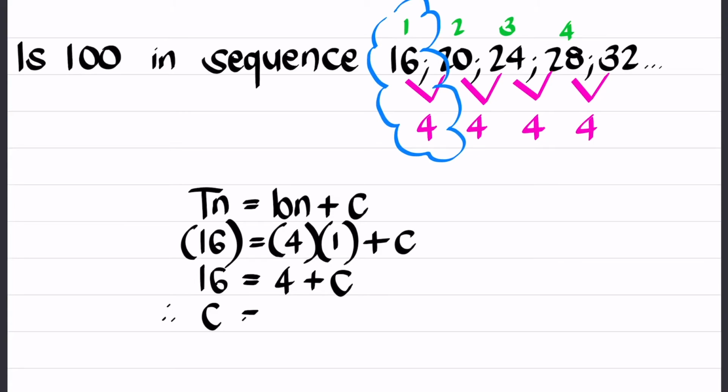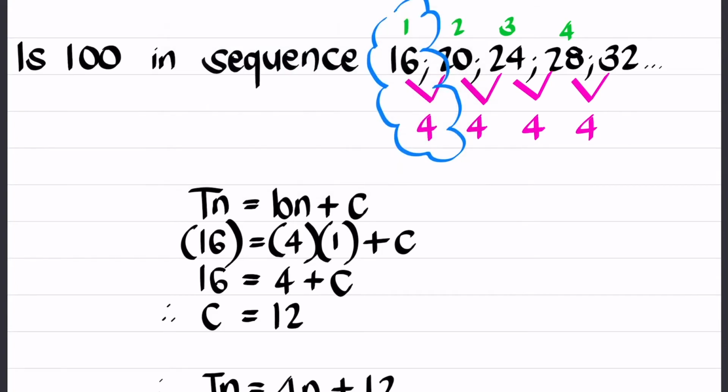So C is equal to 16 minus 4, which is 12. So now I have my formula. Therefore, Tn is equal to our B value, which is 4n, plus our C value, which is 12.